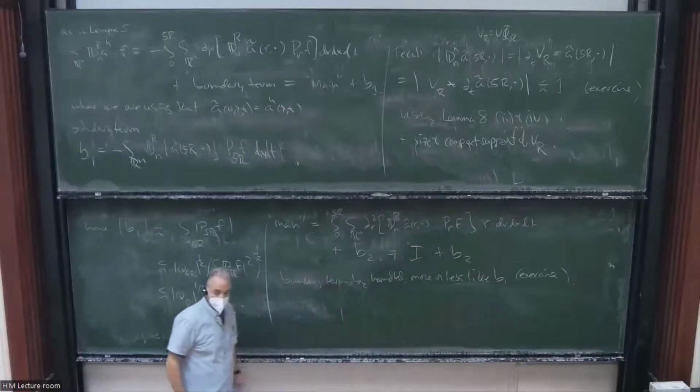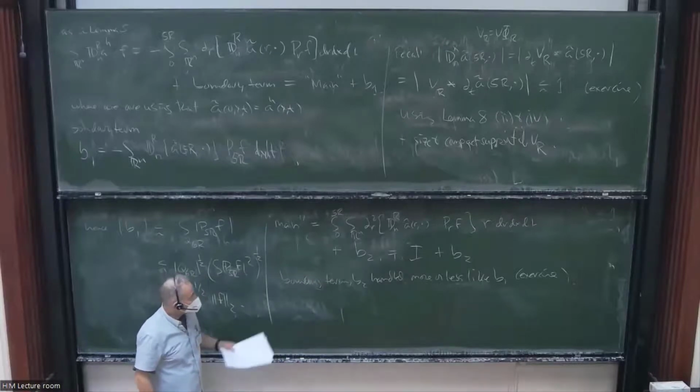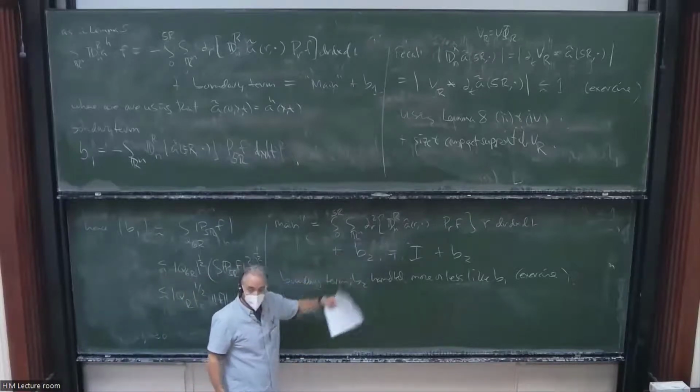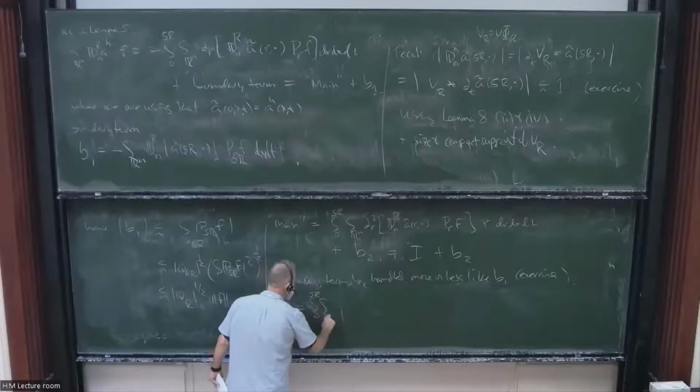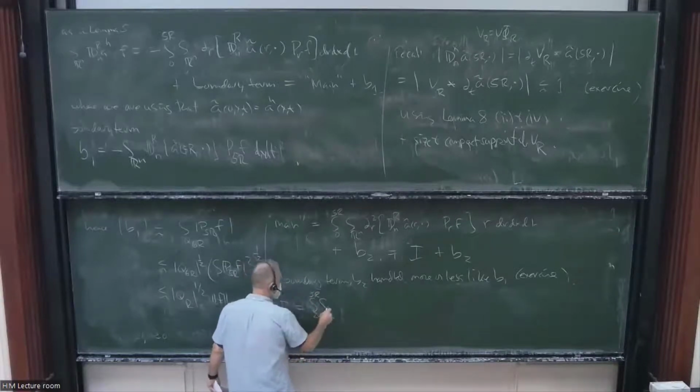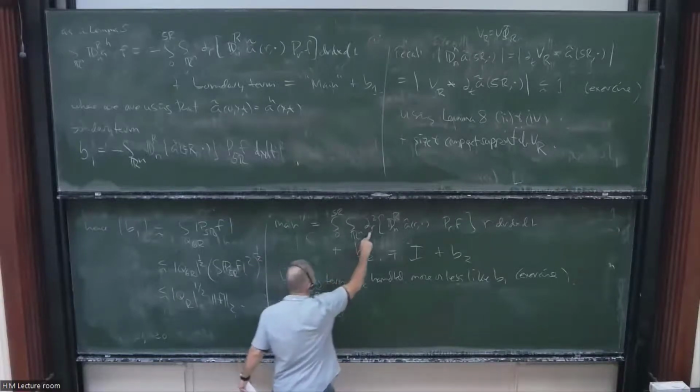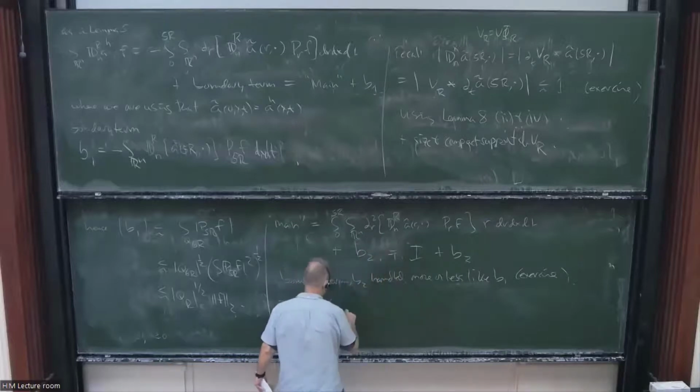All right. So then what do we do with I? Well, we distribute these R derivatives. There's going to be a term where both R derivatives land here.